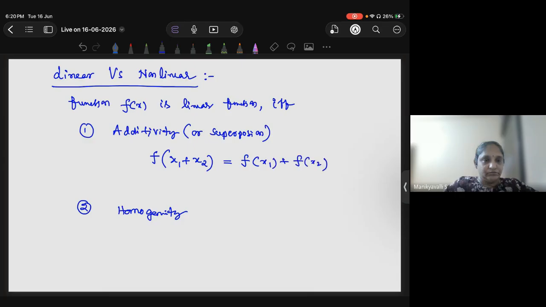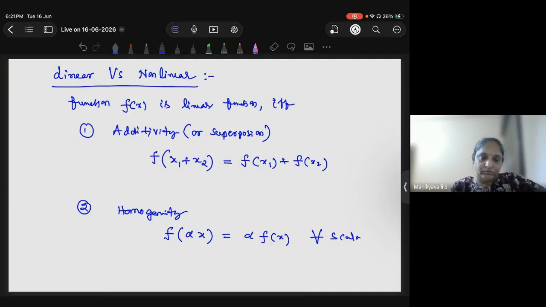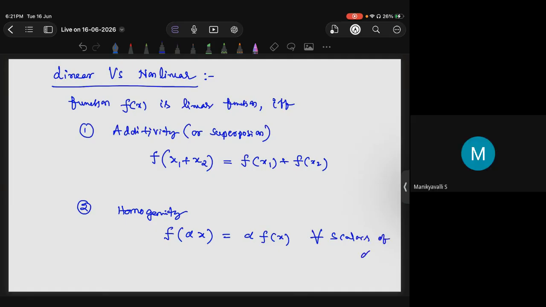This is called the superposition principle. Homogeneity says that if you multiply the same independent variable by some scalar alpha, then f of alpha x has to be equal to alpha f of x. This has to be true for all scalars alpha.